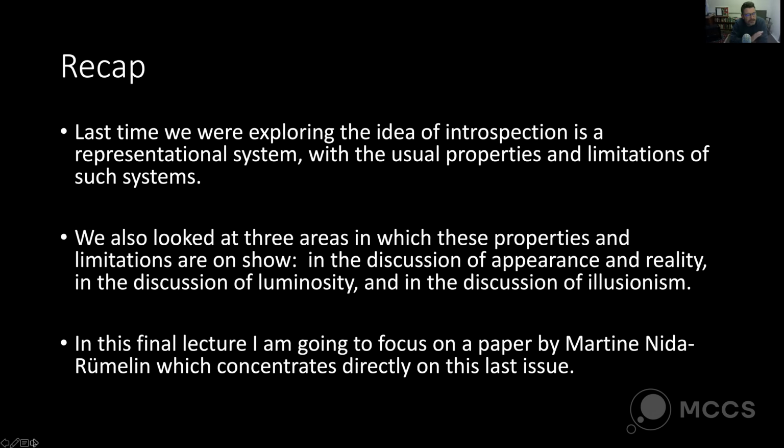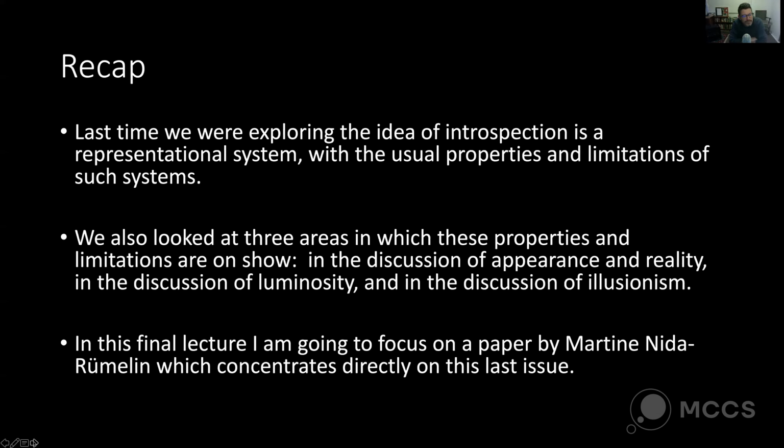It'll represent the distribution of some of the target properties and not other distributions. And it'll represent certain things about the nature of the target properties, but not other things about the nature of the target properties. And what I was suggesting was that, well, if we think of introspection as a kind of representational system, then we would expect versions of those properties to apply there as well, though perhaps different theories might represent them in different ways. And so I think it turned out.